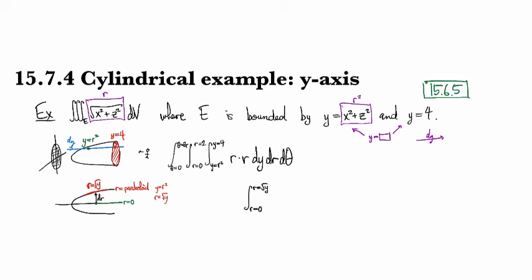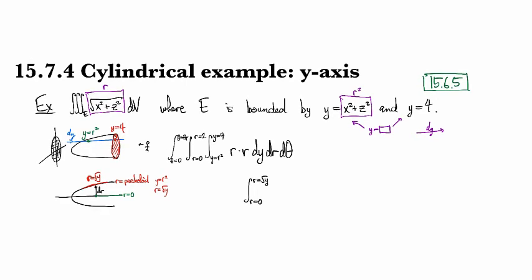So the projection is maybe a little less clear as to what's going on, but what we have is this shape right here. So y, where does y come into it? Well, we're going to start here at y equals 0, and we pick up all these r slices until we get down here to the end at y equals 4.